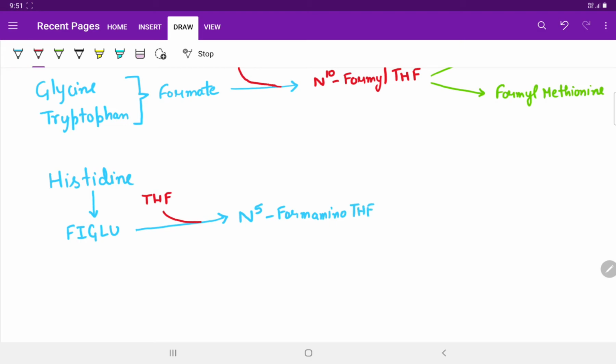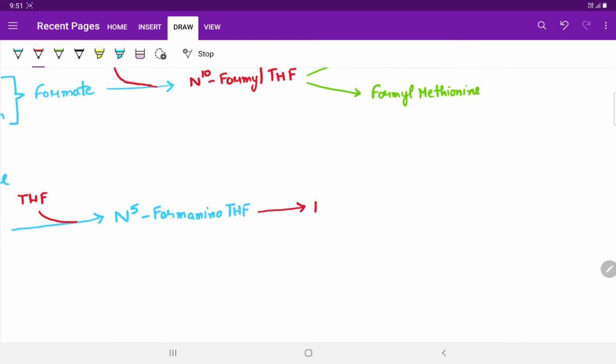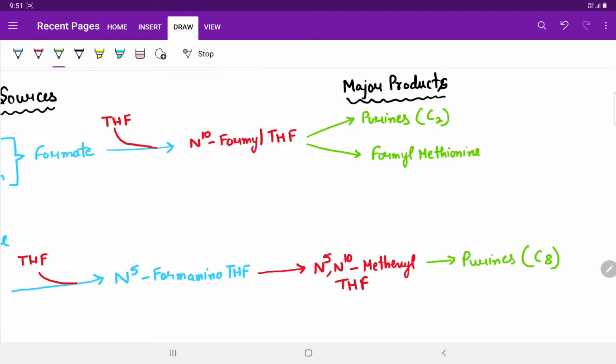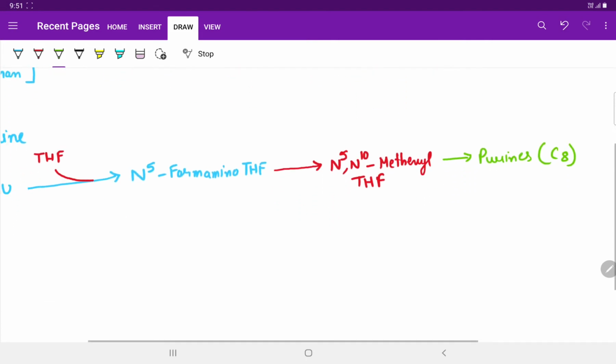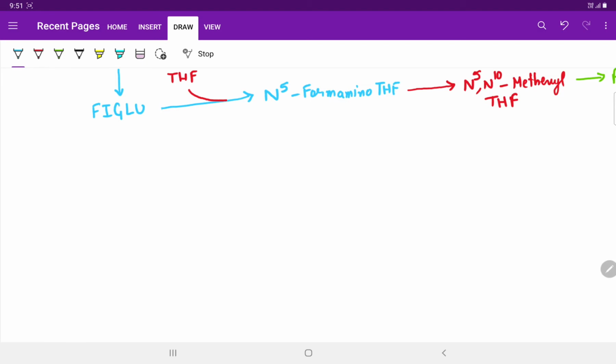So this, along with another intermediate, so the final intermediate will be the N5 N10 methenyl THF. And the products formed are purines. The addition of the carbon will be at the 8th position. See here, the green color compounds are the major products, whereas the sources are being referred in the blue color in this.